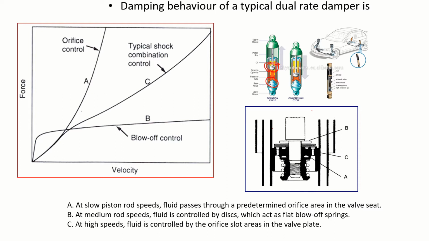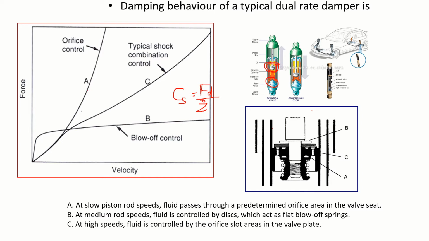So the behavior, or the characteristics of this, are shown here. Force versus velocity, damping coefficient is given by damping force by piston velocity, Z dot. So this is force, this is velocity.